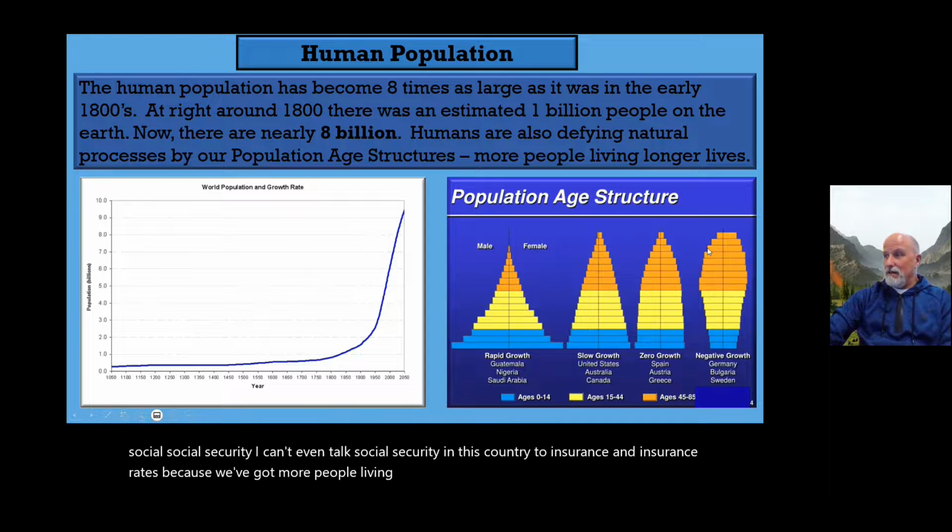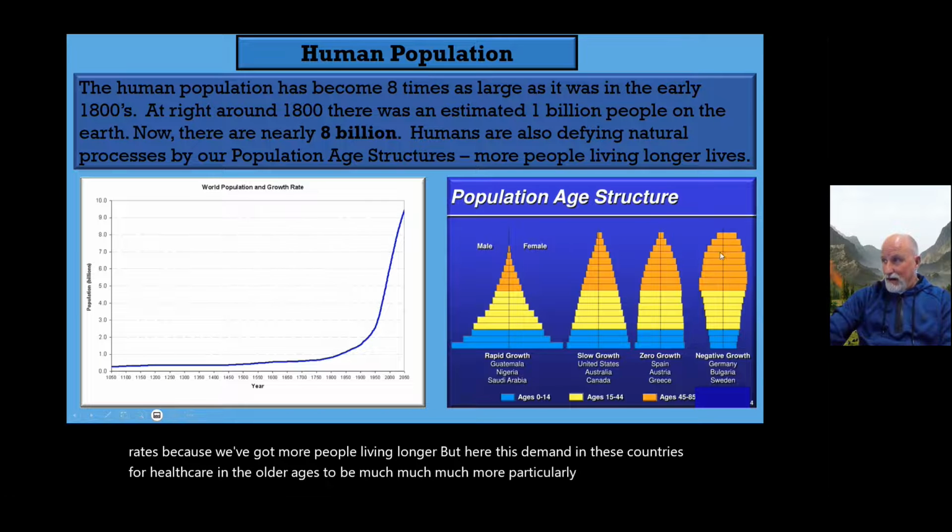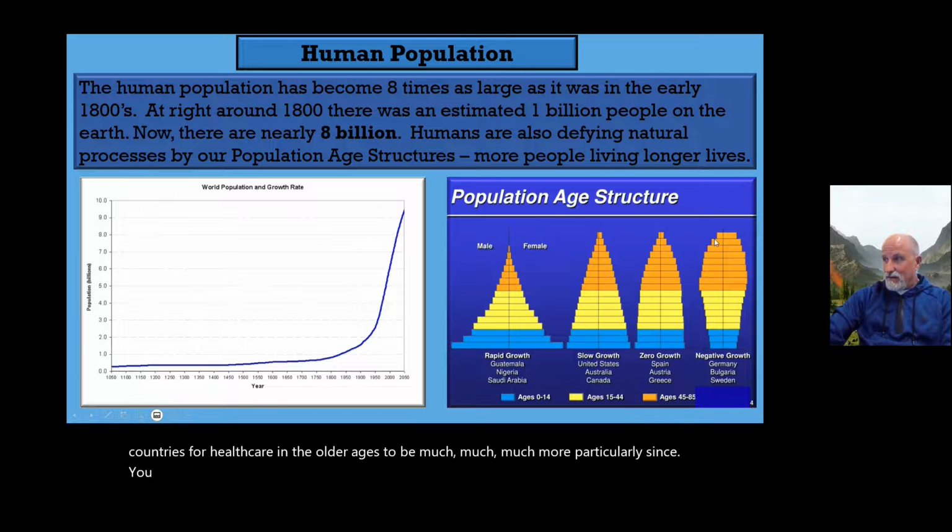But in these countries, the demand for health care in the older ages has to be much more, particularly since you've got as many up here as you do down here, and it's approaching more.